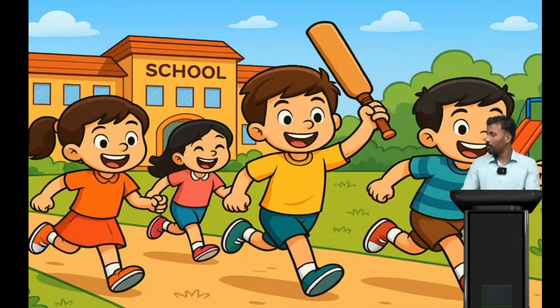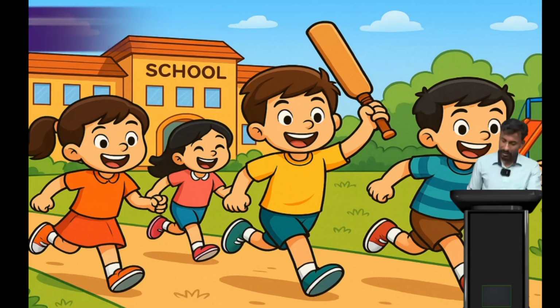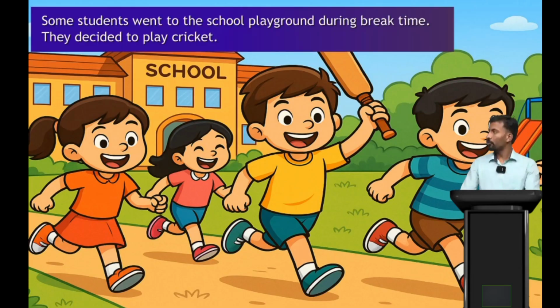So now look, what's this? Here we have seen that there are some kids, and they are playing in a garden. Now look, some students went to the school playground during the break time. During the leisure period, some students went to the school playground to play something like cricket.